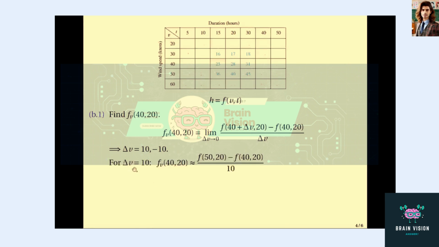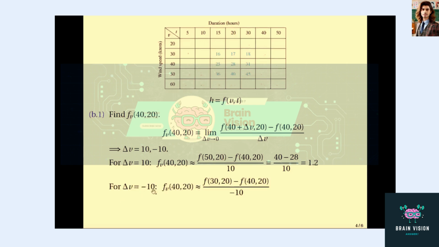For delta v equals 10, f sub v of 40, 20 is approximately equal to f of 50, 20 minus f of 40, 20 divided by 10. Looking at row 50 and column 20, f of 50, 20 is equal to 40. So 40 minus 28 divided by 10 is equal to 1.2.